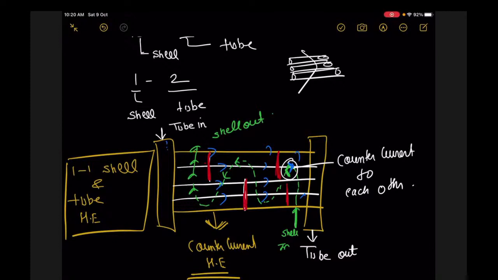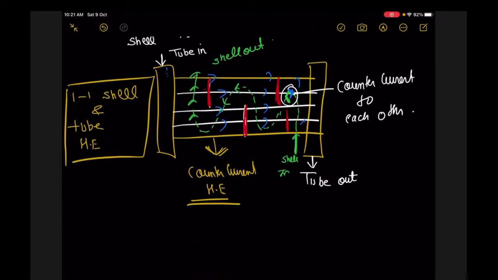Okay, so draw this diagram. One-one is always a counter current heat exchanger.